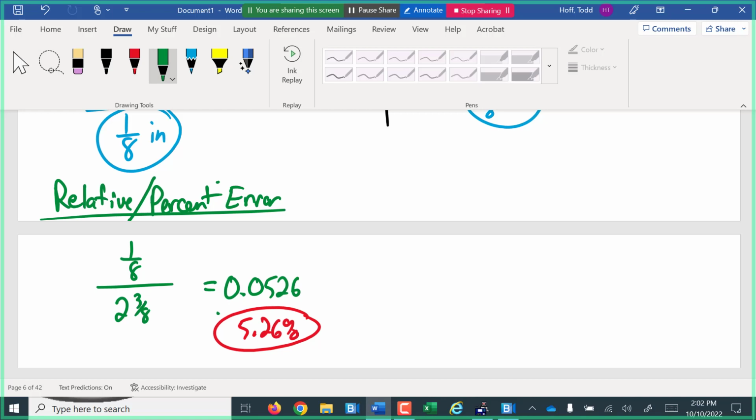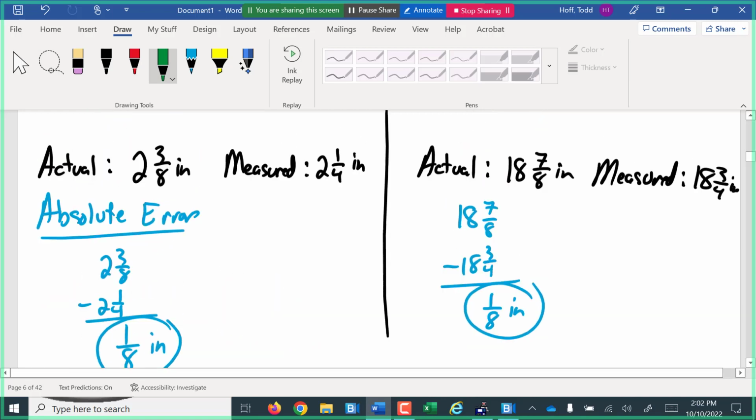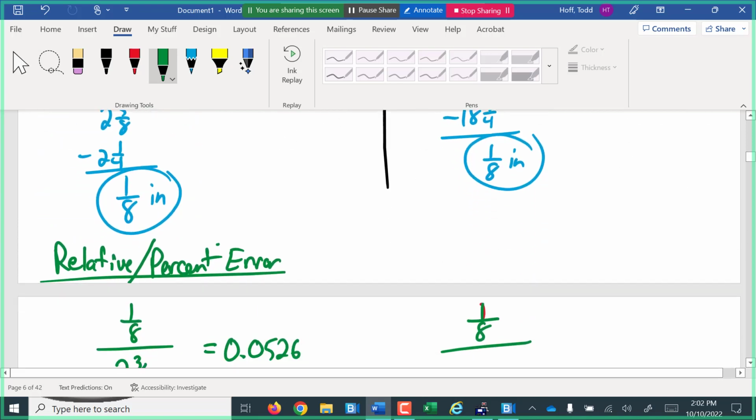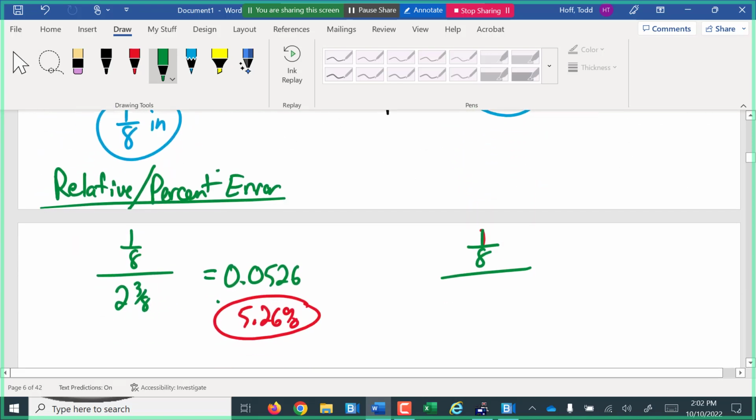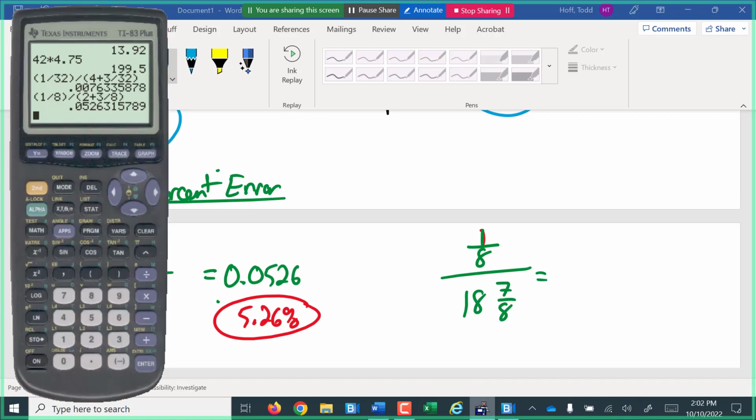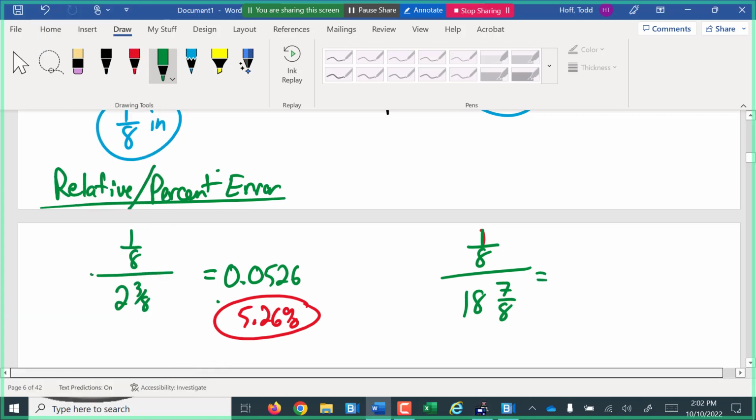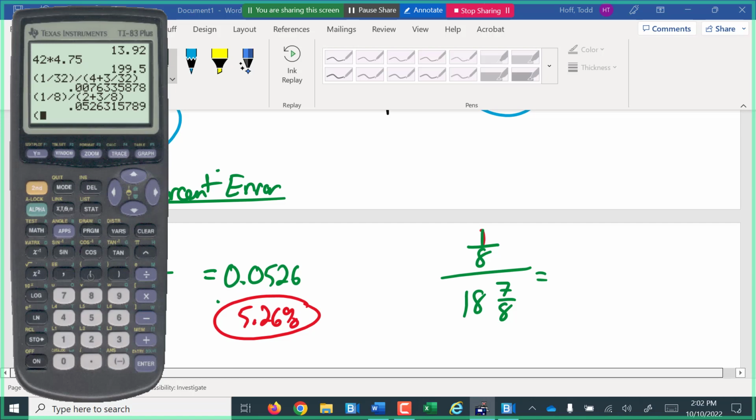But for object B, we have an absolute error of 1/8 of an inch divided by an actual measurement of 18 7/8, which gives us 0.0066.